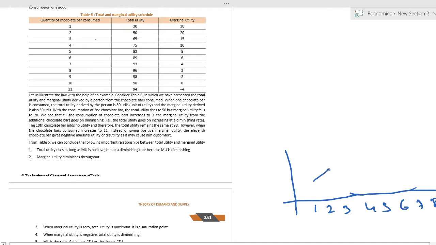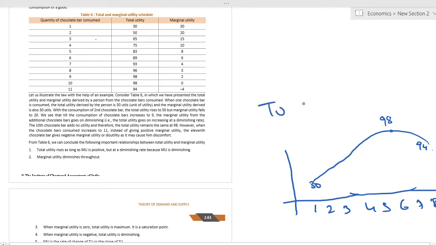It will increase, but in a declining way, and after some point it starts declining. So if you see, 98 is the peak of this one. Till 98 it reached here, and after that it started declining, 94. From 30 it has increased.